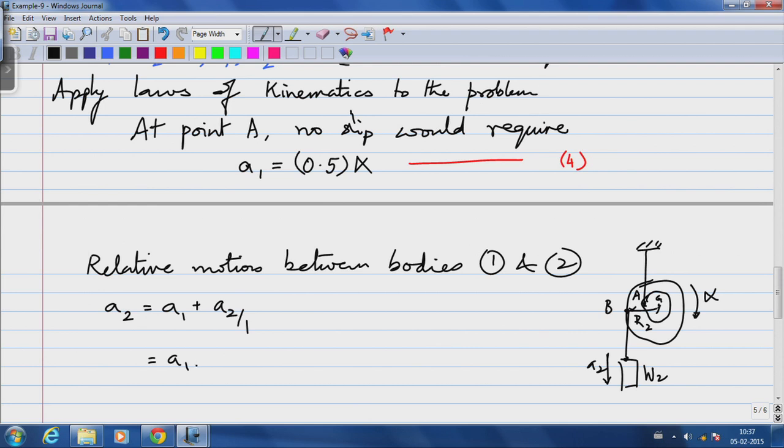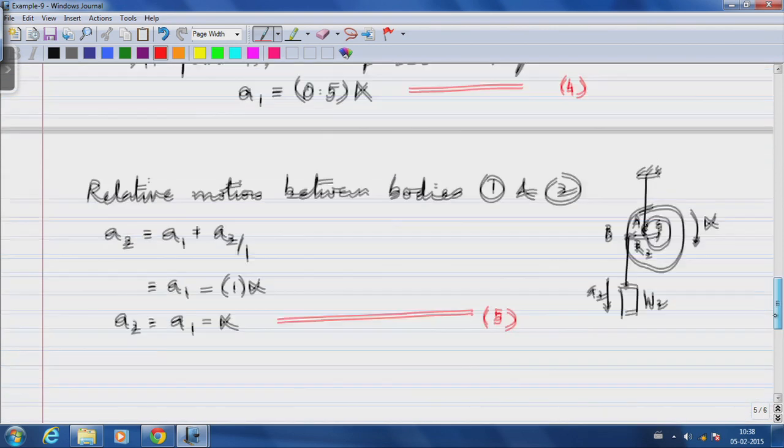So, it pulls up the cable at distance r2 times theta, that is, the acceleration of 2 as observed by 1 is r2, which is 1, times alpha. So, A1 is r1 times alpha and the acceleration of 2 as observed by 1 is r2 times alpha. So, I can write this as A2 equals A1 minus alpha, which is our fifth equation.